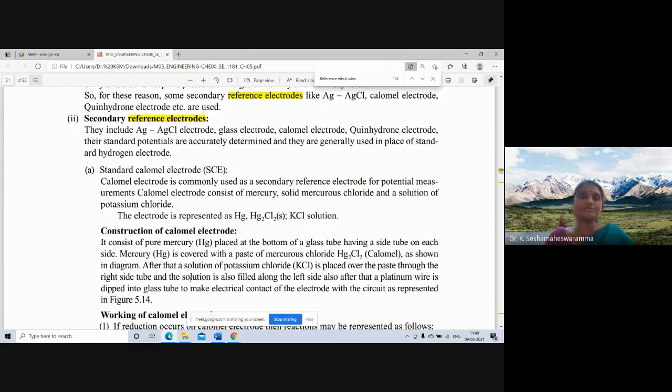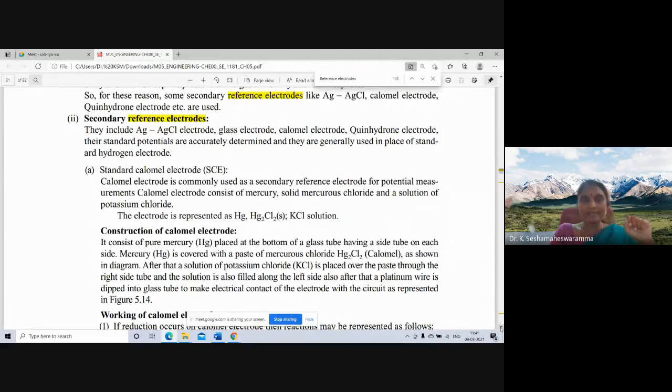The primary reference electrode is the standard hydrogen electrode, but it may not be usable in all cases. That's why we use secondary reference electrodes, of which there are many: silver chloride electrode, glass electrode, calomel electrode. First, we will discuss the standard calomel electrode.